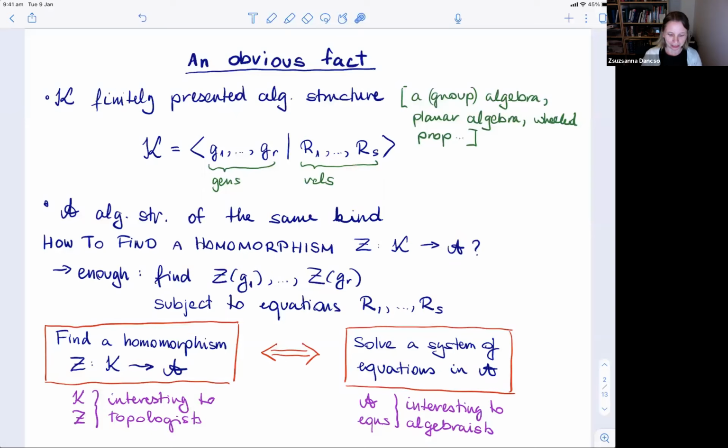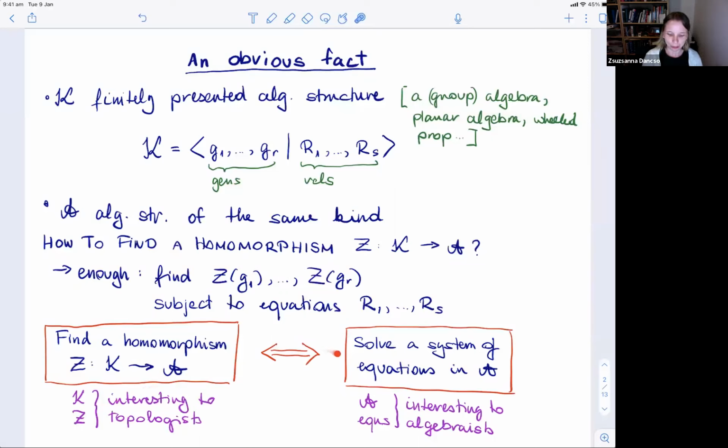So there's a correspondence between two different kinds of questions, finding a homomorphism and solving a system of equations. And in the scenarios that I'll be showing you in this talk, K and Z will be some objects that are interesting in topology, and A and these equations will be objects that are interesting independently to algebraists.